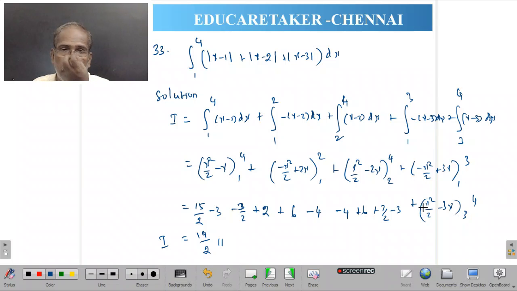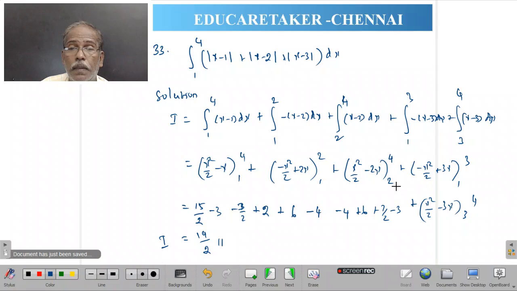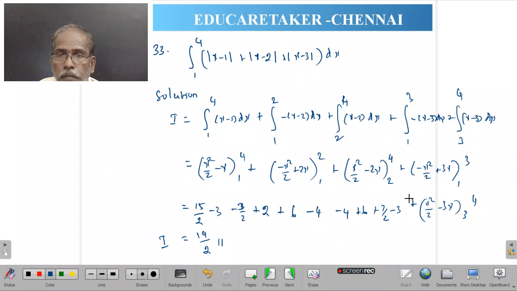Now we have to apply limits. 4 square 16 minus 1 is 15 by 2, and 4 minus 1 is 3. And 2 square minus 1 is 4 minus 1, 3, so minus 3 by 2, and 2 minus 1, so 1 into 2, 2. The first two terms are separate terms.